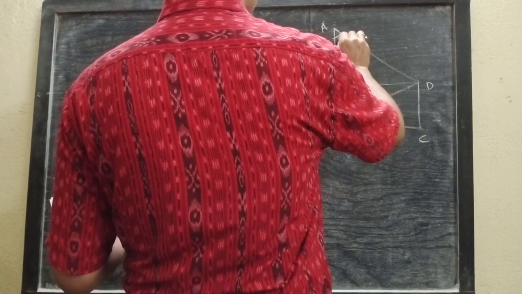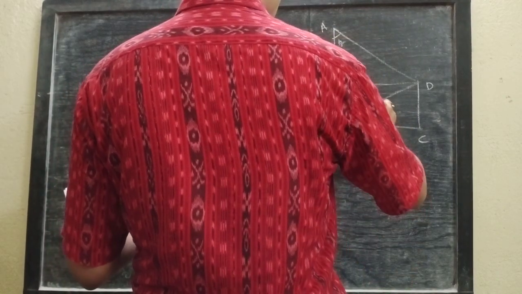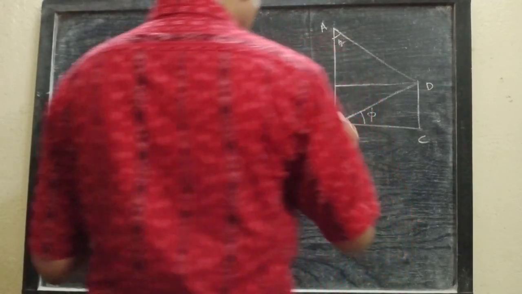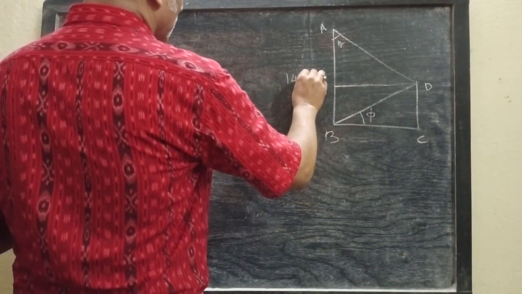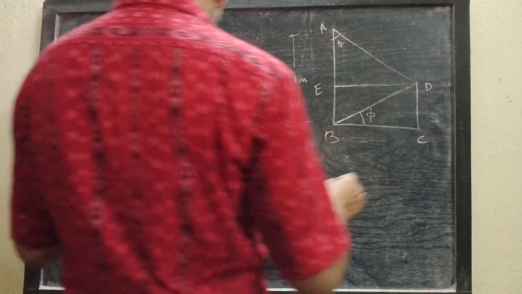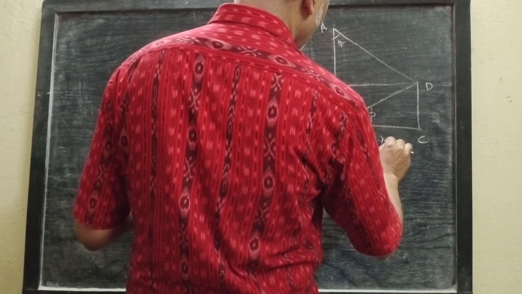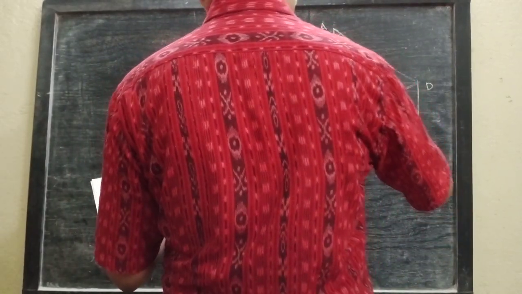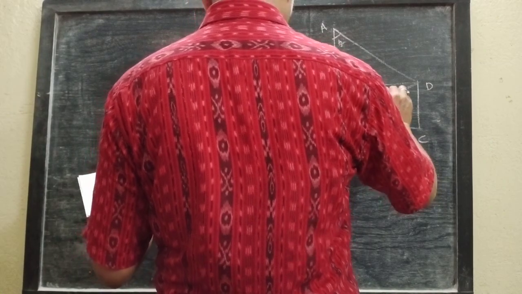Suppose this angle is theta and this angle is phi. This length is 14 centimeter. This length is 12 centimeter. BD is 13 centimeter.